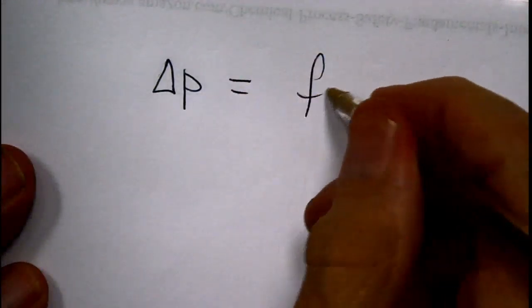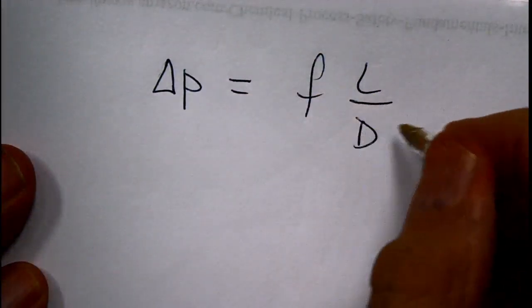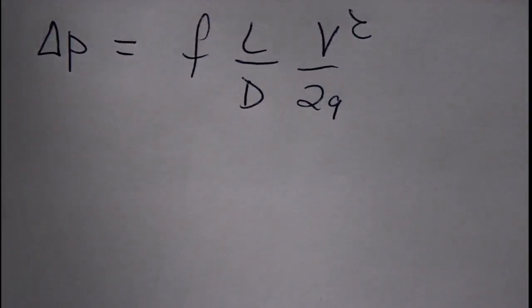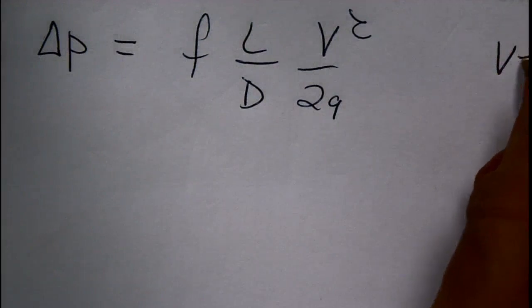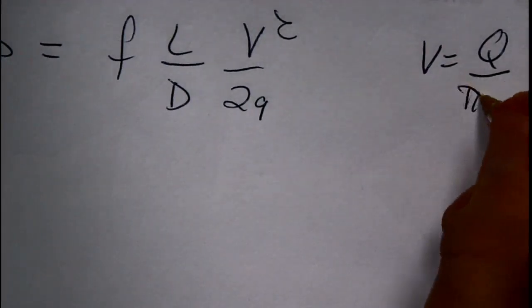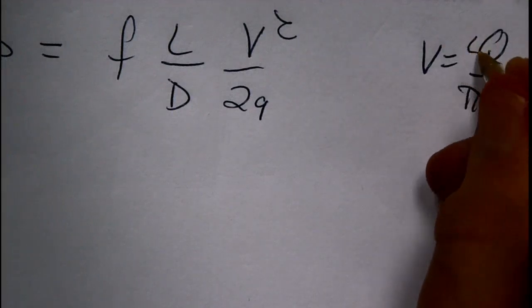So we have this mechanical energy balance. Say my pressure drop is due to friction only, so I have this FL over D times V squared over 2g. Now then, V is 4Q over pi D squared.